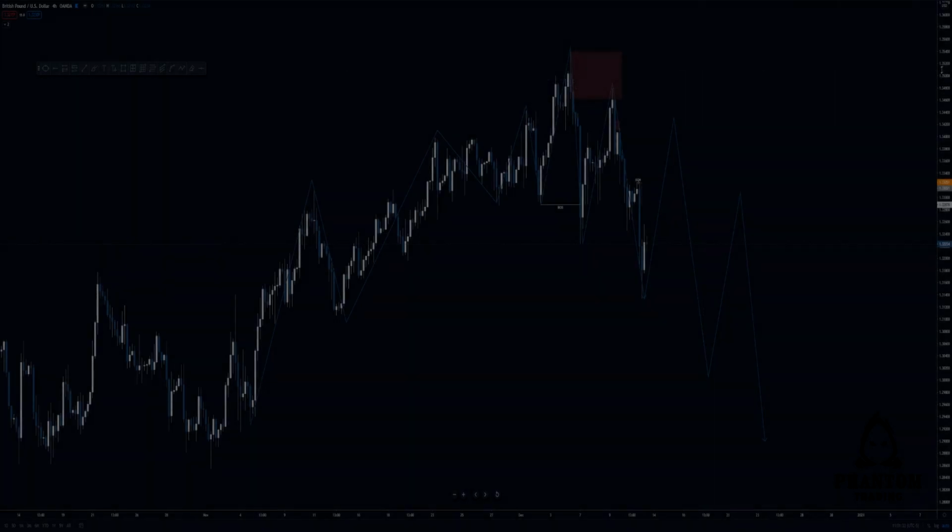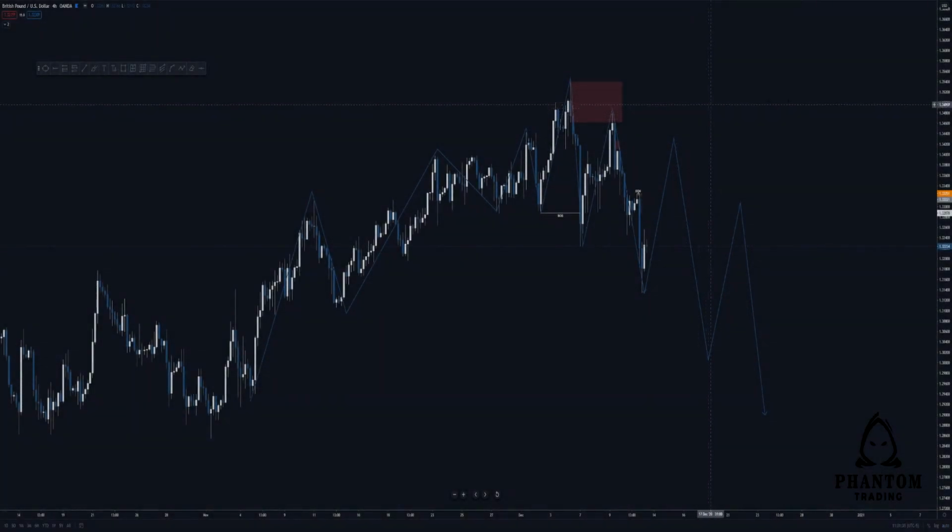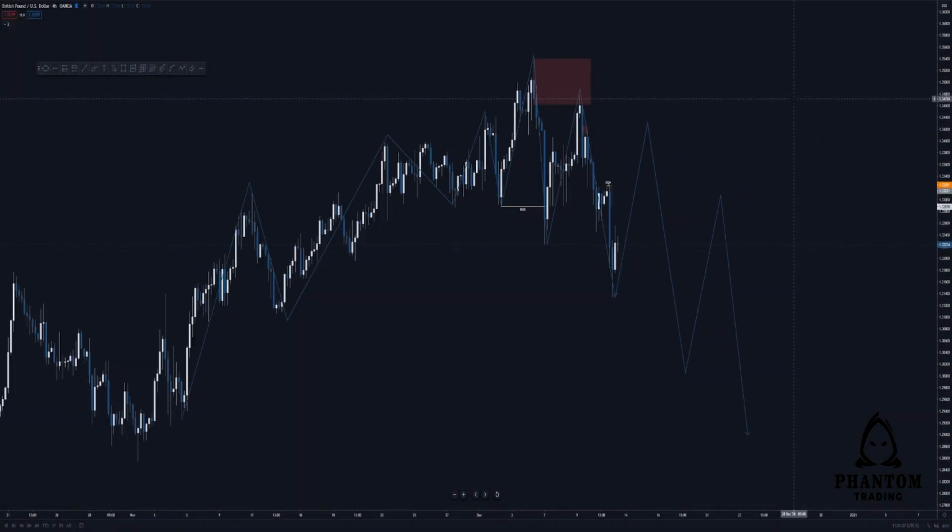Now, one thing to keep in mind when we're targeting structural liquidity is that each of these swing low levels from the previous price action become levels of liquidity, right? So what we'll see is when price sweeps it, right, and closes, we get our pullback, right?